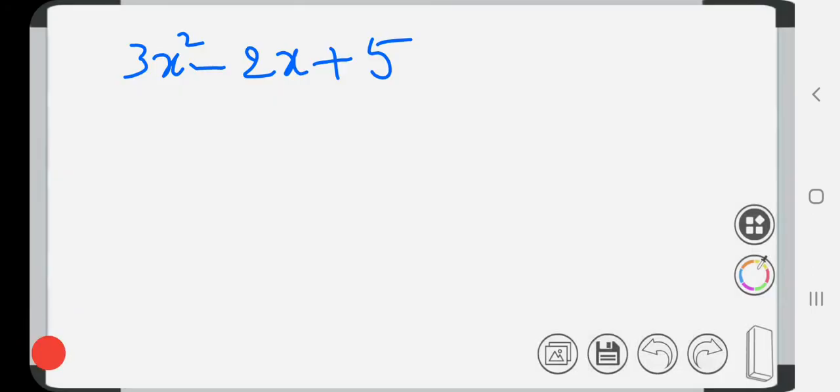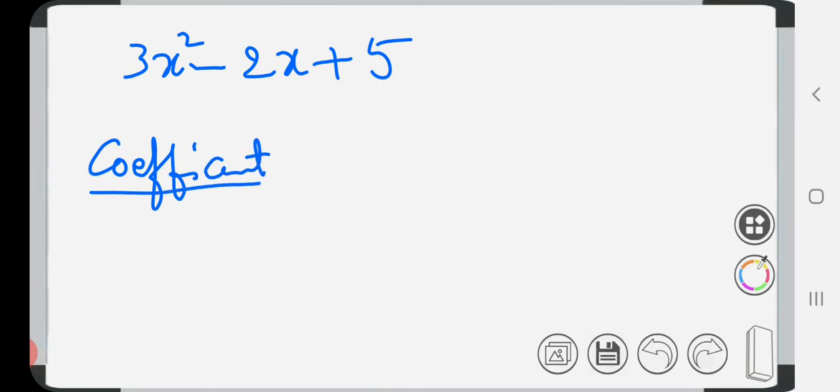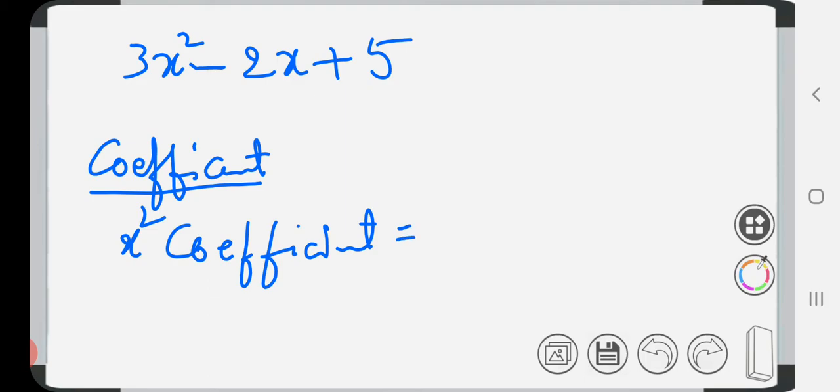Now we will discuss the coefficients. Coefficients means for each and every x power we get one coefficient. For example, if you observe 3x square minus 2x plus 5. Here the x square coefficient is equal to 3, because before x square there is 3 with a plus symbol.